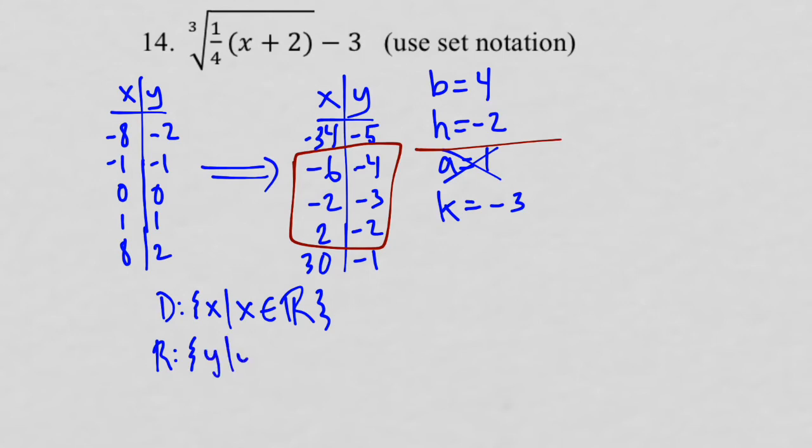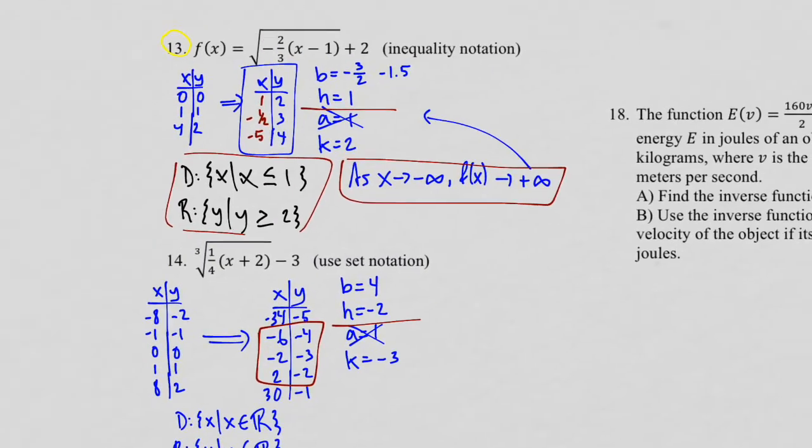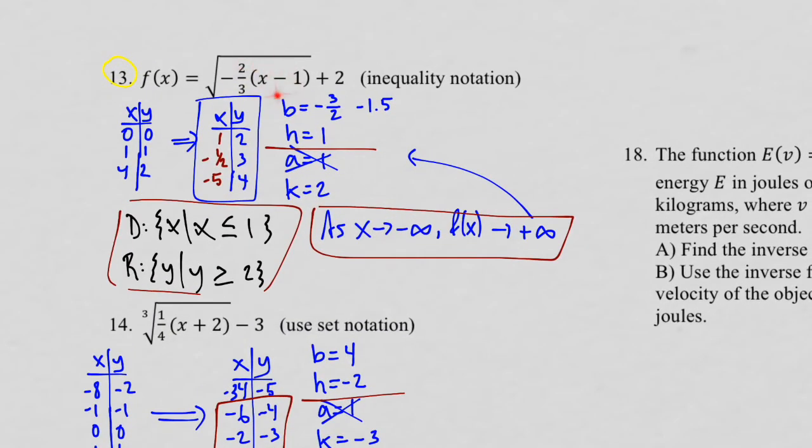Cubic functions and cube root functions do not have restrictions on the domain or the range, because you can plug in anything you want in here, positives and negatives. The reason why square root functions have restrictions, like the one we just did here, is because you can't have negative values inside there. So there has to be a restriction on what you can plug in.